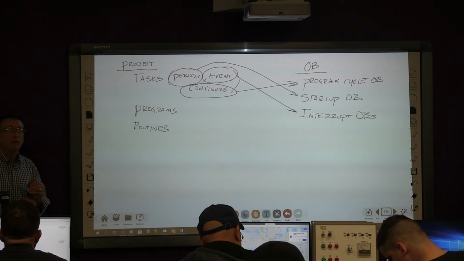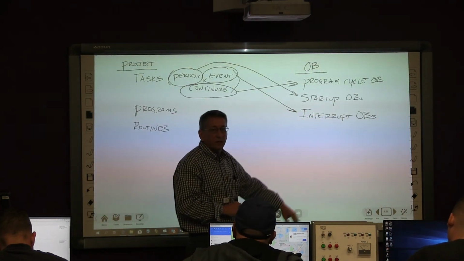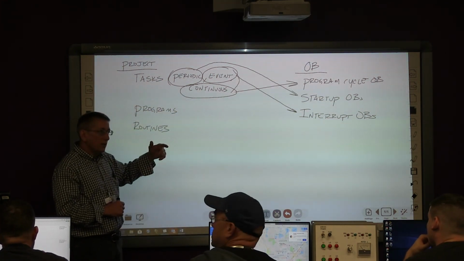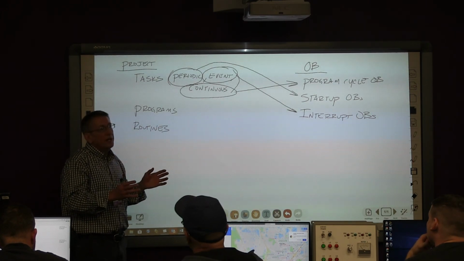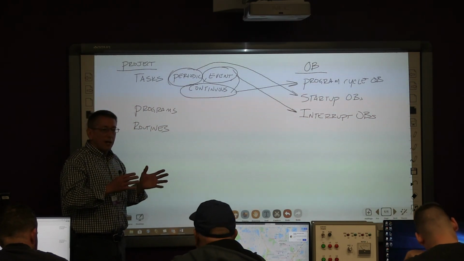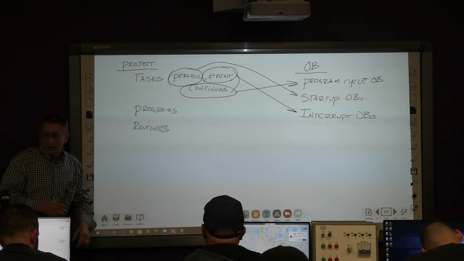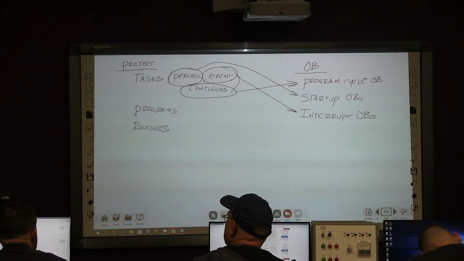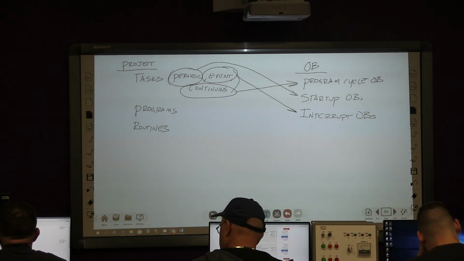Then we put that information in the startup OB, and it executes by default. You don't have to say, hey, execute this first. When you make a startup OB, that's how it knows how to do it. Josh, you probably heard of OB100. It's a startup OB.